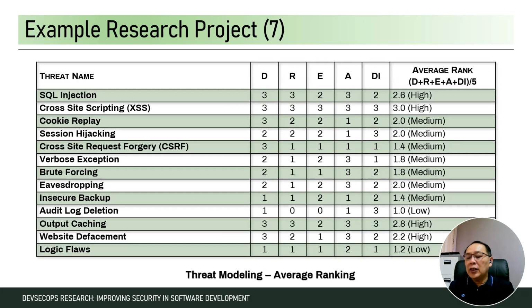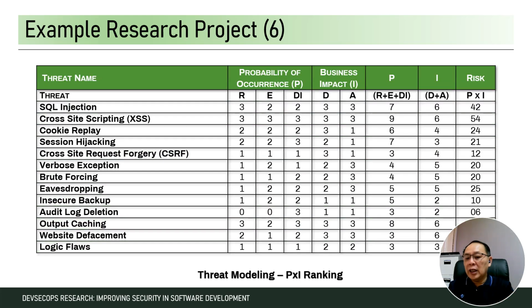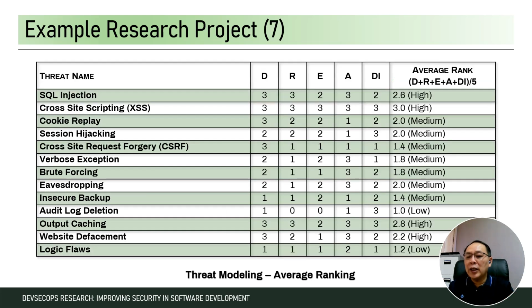Another very famous model is called average ranking, where we can still use DREAD, but we do the ranking based on the average rank, like D plus R plus E plus A plus D divided by 5. So by having this threat modeling, whether it's a PI ranking or average ranking, we can calculate the threat and risk related to the threat name.